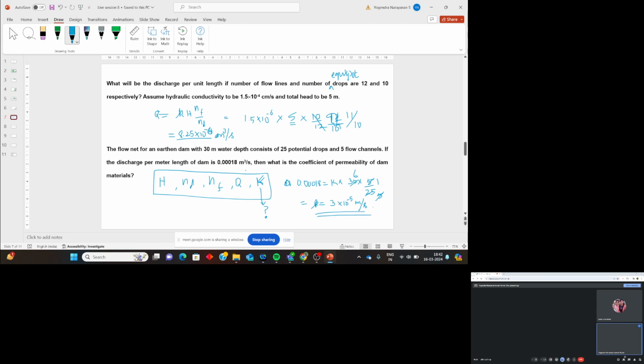Let me explain that. Ideally speaking, it will be meter cube per meter square per second only.